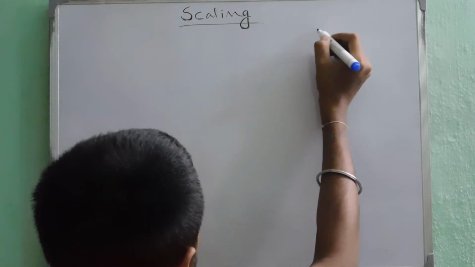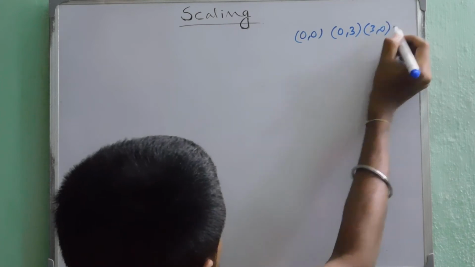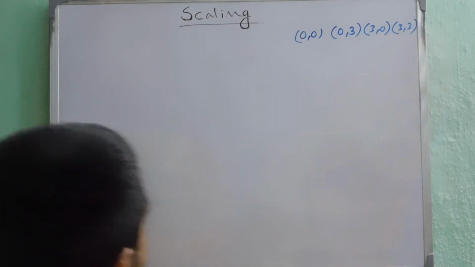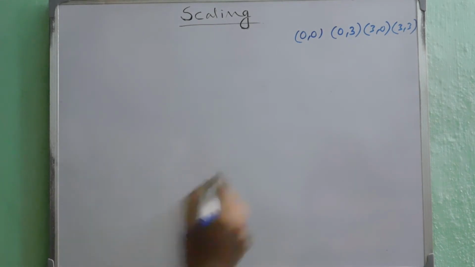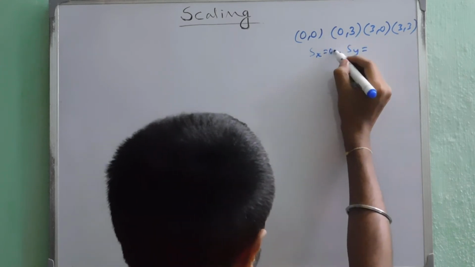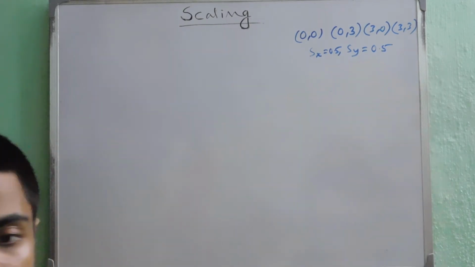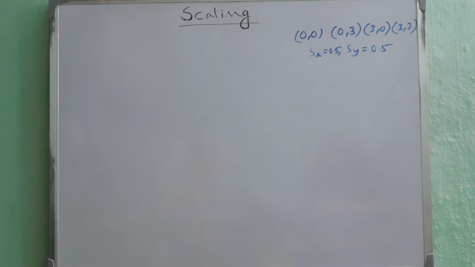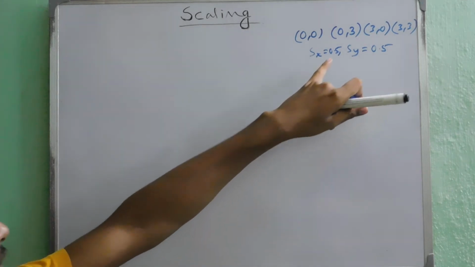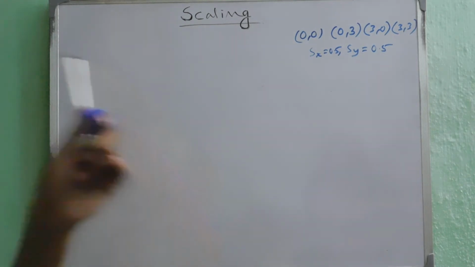So we have a square here whose coordinates are 0,0; 0,3; 3,0 and 3,3. Now the scaling parameters are Sx equals to 0.5 and Sy equals to 0.5. So since both are same, the shape will remain same, that is the square will remain a square after scaling. Only since the scaling parameters are less than 1, the size of the square will get reduced.